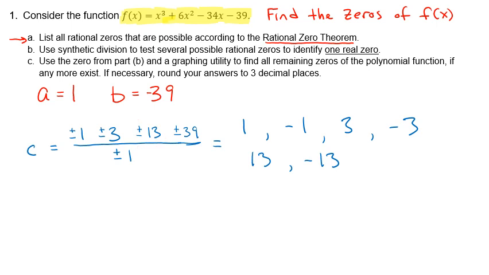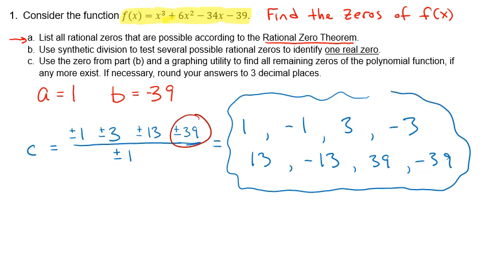And finally, 39. 39 over 1, 39 over negative 1. So that's two more numbers, 39 and negative 39. All right, so somewhere on this list is a 0 of the function f of x. If it's not on this list, it is not a 0. If it is on this list, it might be a 0.